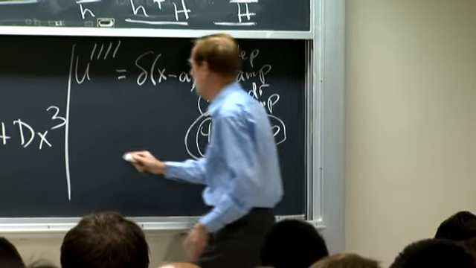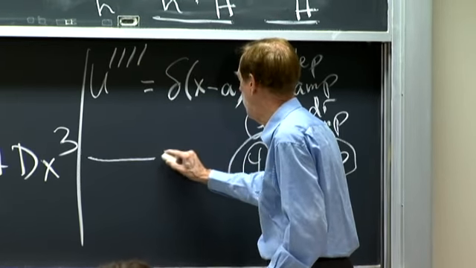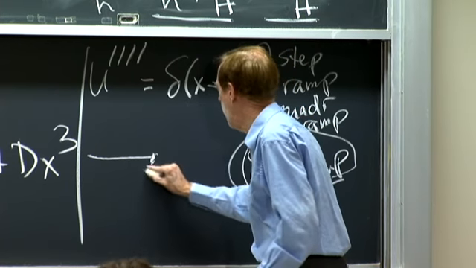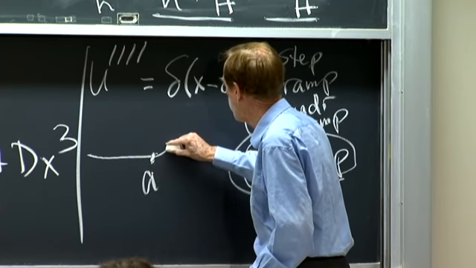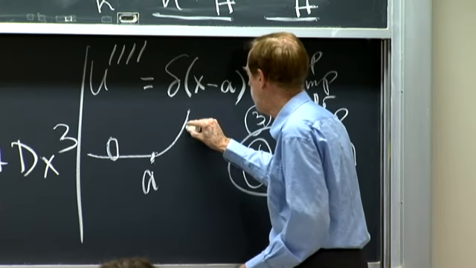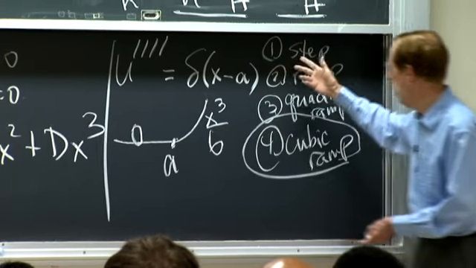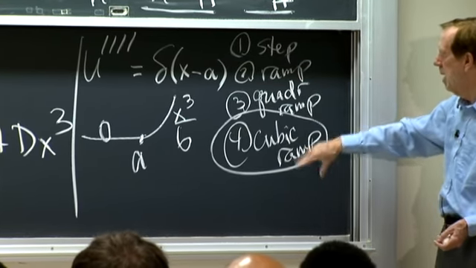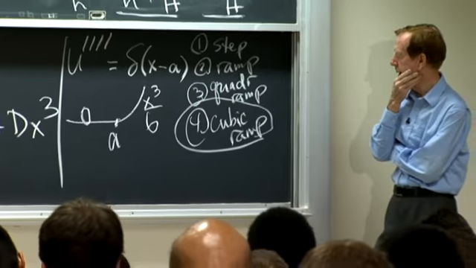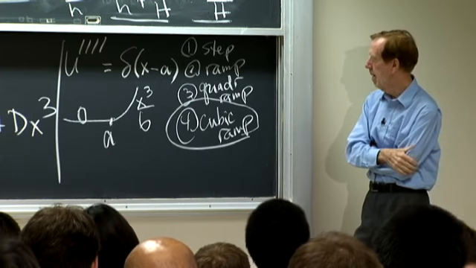So one particular solution would be a function that's 0, and then at the point A, it suddenly goes up cubically. So it's 0 here, and it's x cubed over 6 there. I think if I integrate 3 times, I'll be up to x cubed over 6. Is that right? Yes, cubic.